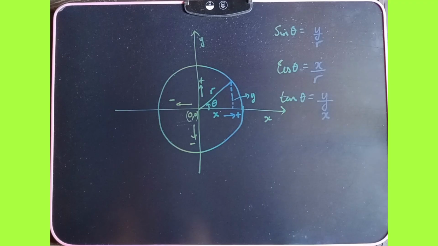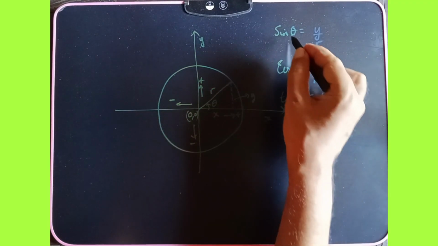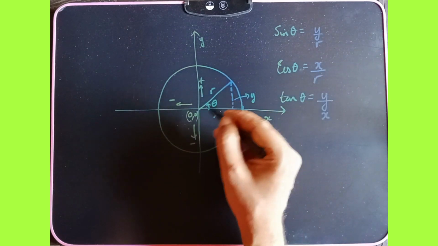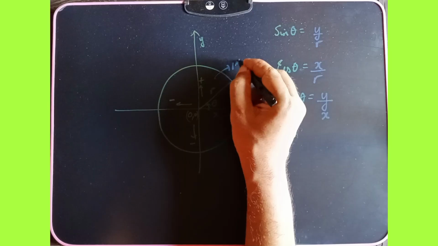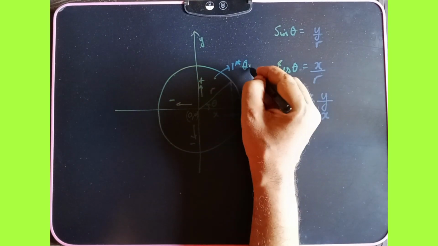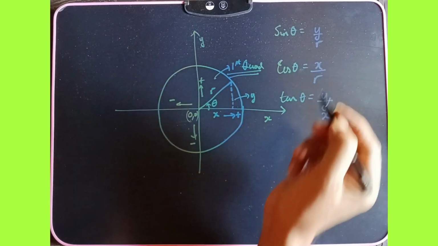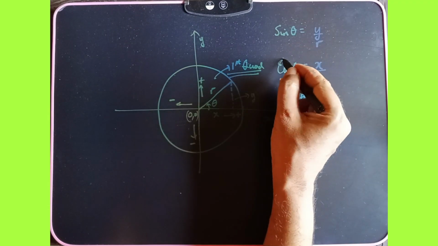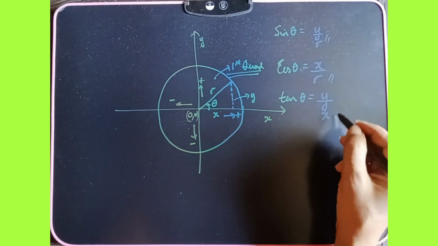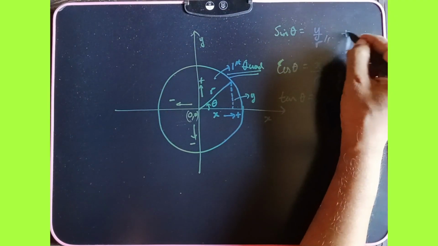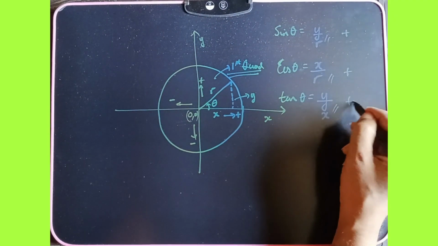So now, we know the values for this. For sine theta, if it is on the first quadrant, the values of sine, cos, and tan are these, and the signs are all positive, right?